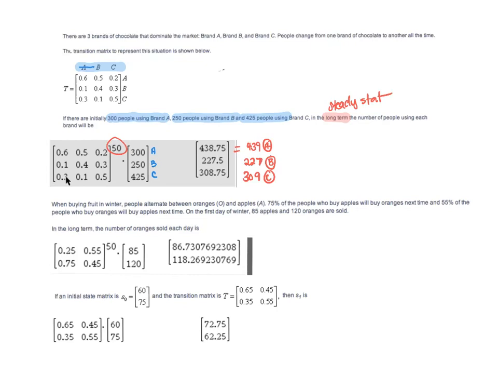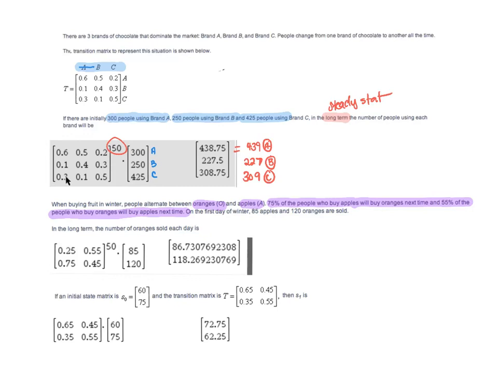Okay, now this next question here, the oranges. When buying fruit in the winter, people alternate between oranges and apples. So here it's helping us set up our own transition matrix. It says 75% of the people who buy apples will buy oranges the next time, and 55% of people who buy oranges will buy apples next time.